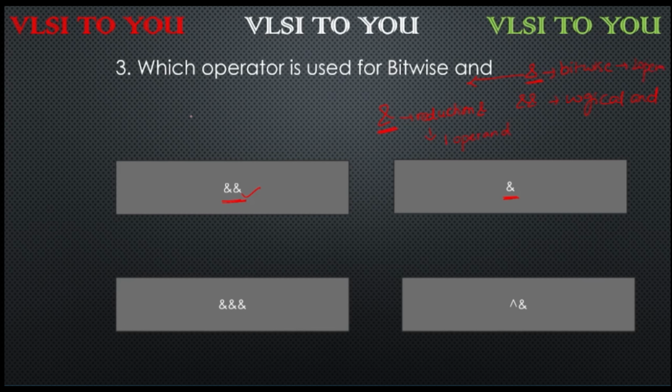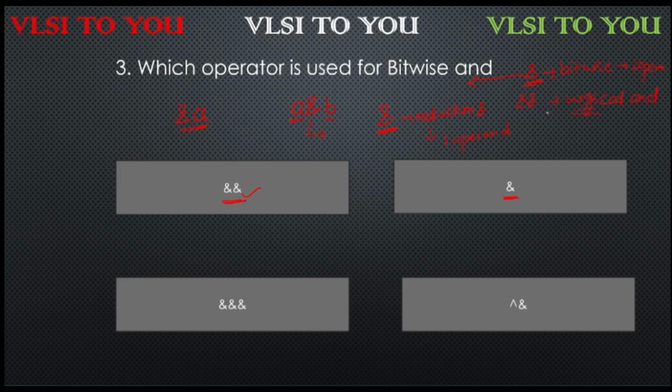That means when you are using reduction AND, you will be using only one operand, but when coming to bitwise AND, you will be using two operands. When you are using a single AND symbol between two operands, you can remember that it is a bitwise operator. And when you are using it with one operand, then you can specify it as a reduction AND. So this is the logical AND.